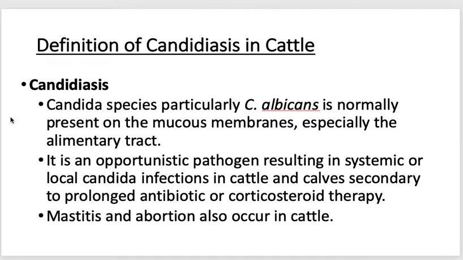Candidiasis in cattle. Beginning with the definition: it is an opportunistic pathogen which results in systemic or local Candida infection in cattle and calves, which are secondary to prolonged antibiotic or corticosteroid therapy.